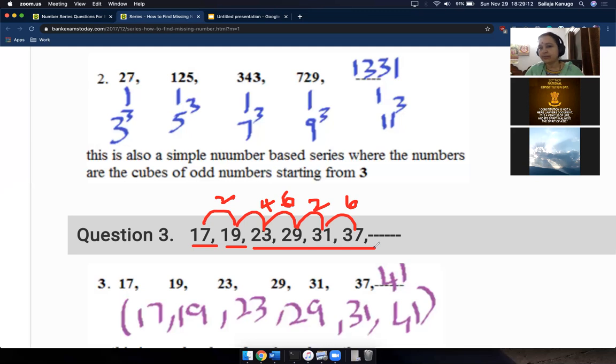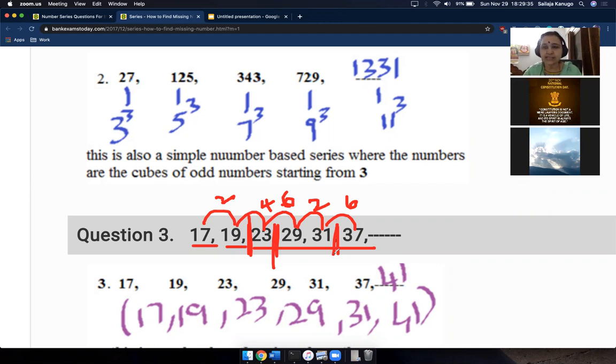All of them are odd numbers, right? If it was a set of odd numbers, I should have 21 also here, and 25 and 27, 33 and 35. It is not continuous like odd numbers.